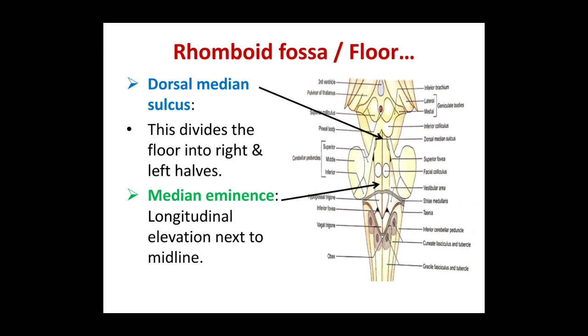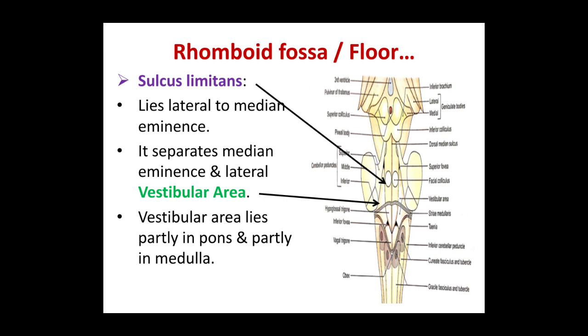The median eminence is a longitudinal elevation lying next to the midline. The sulcus limitans lies lateral to the median eminence. It separates the median eminence and the lateral vestibular area. This vestibular area lies partly in the pons and partly in the medulla.